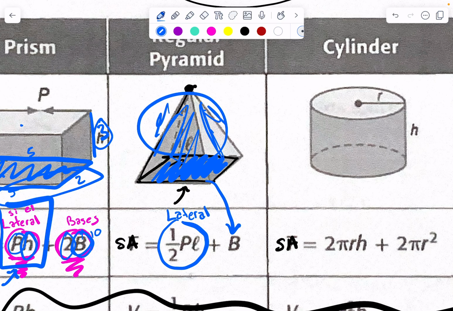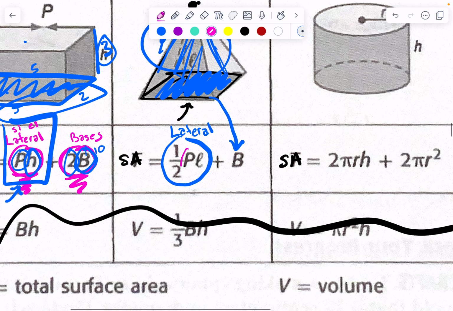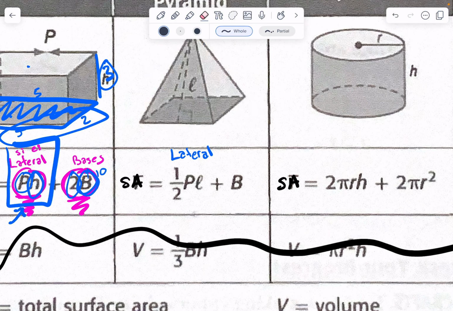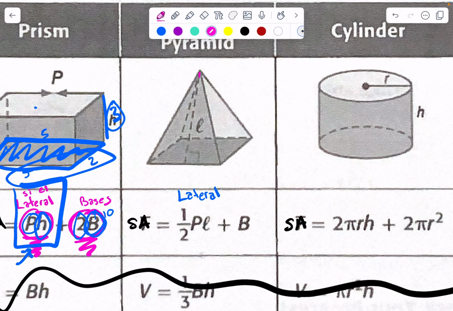Okay, now a couple things. Capital P again means the perimeter of the base. So let's say each one of these is 4: 4 plus 4 plus 4 plus 4. That would be my capital P. Then they have this little L, and the little L is called the slant height. Your slant height is the height that's going at a slant.